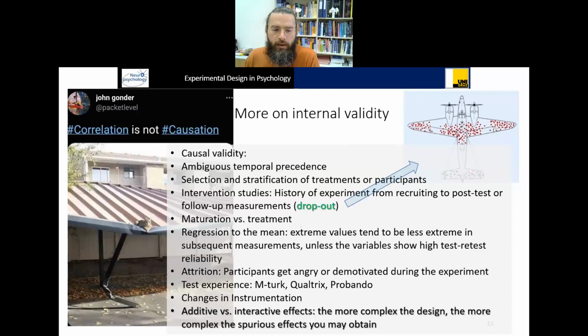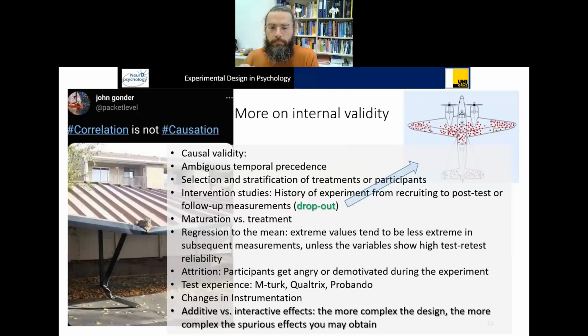It's a danger because you have not only additive effects of every other independent variable you add to your design, but also interactions, and you may not be able to address all these interactions, so you may have a problem with your statistical design there.